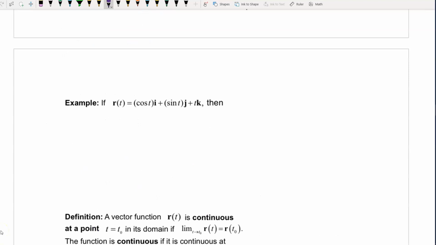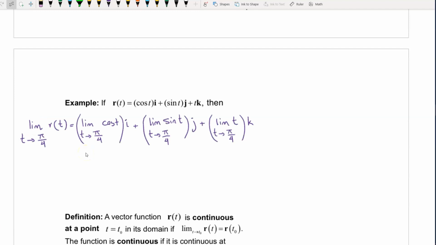Now here is an example. We have the vector function r of t equal to cosine t i plus sine t j plus t k. Then the limit as t approaches pi over 4 of r of t is equal to the limit of cosine t as t approaches pi over 4, plus the limit of sine t as t approaches pi over 4, plus the limit of t as t approaches pi over 4.